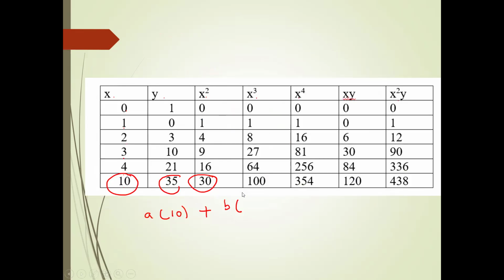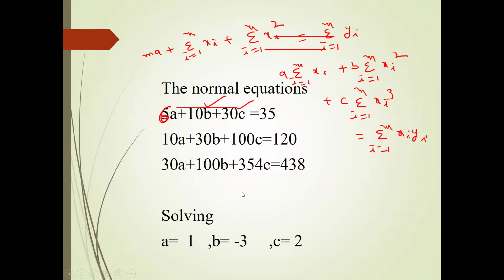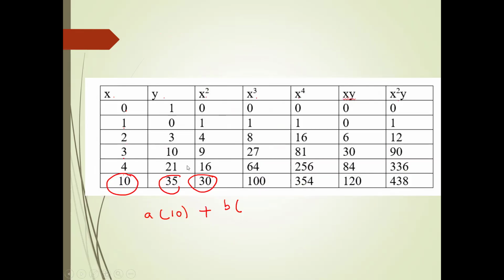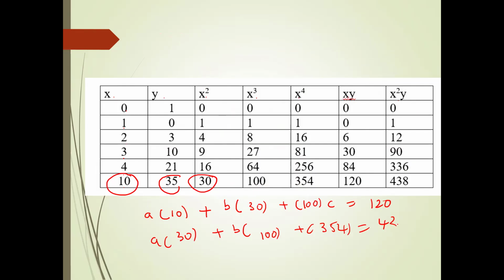What is the next term? a into x square, that is 30, b into x cube, 100, c into x power 4, 354, equal to x square y, 438.